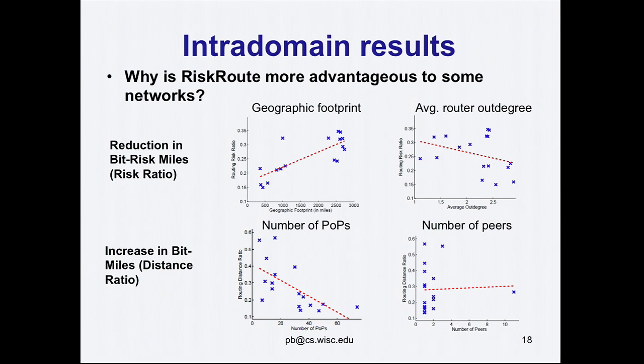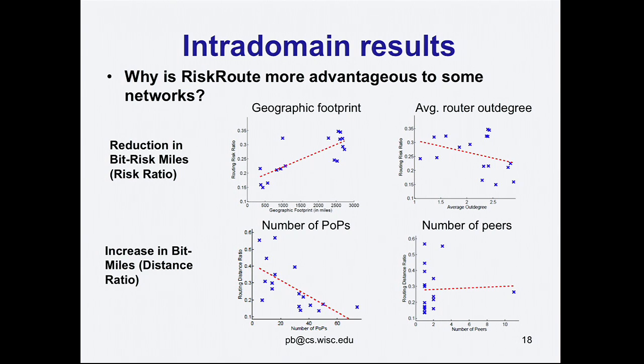So this is a slide that I'm not going to spend a huge amount of time on, but basically from the intradomain perspective, there are a couple of take-home messages that I want you to have, because obviously the 23 networks that we considered for this study all have different characteristics in terms of their proximity to historically risky areas, and in terms of the richness of their connectivity, their full geographic footprint, and so forth.